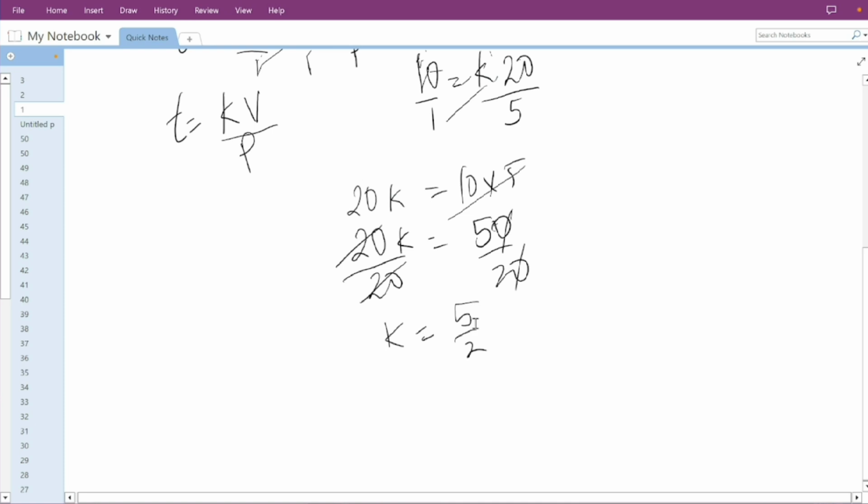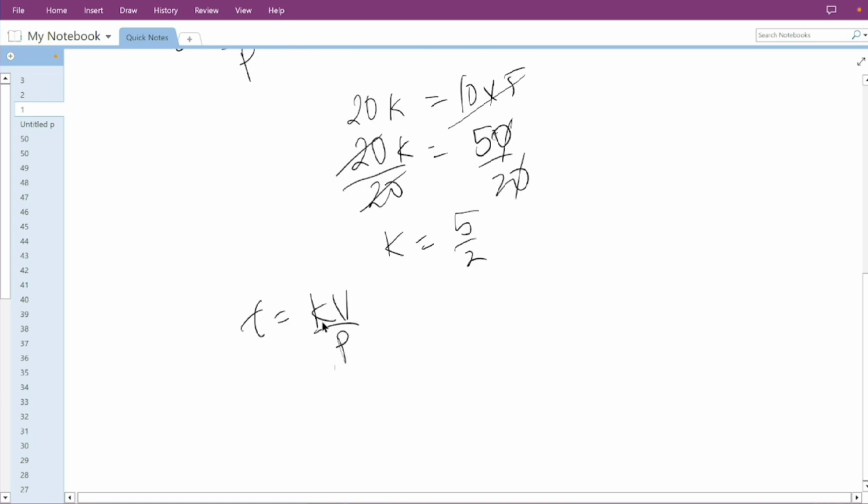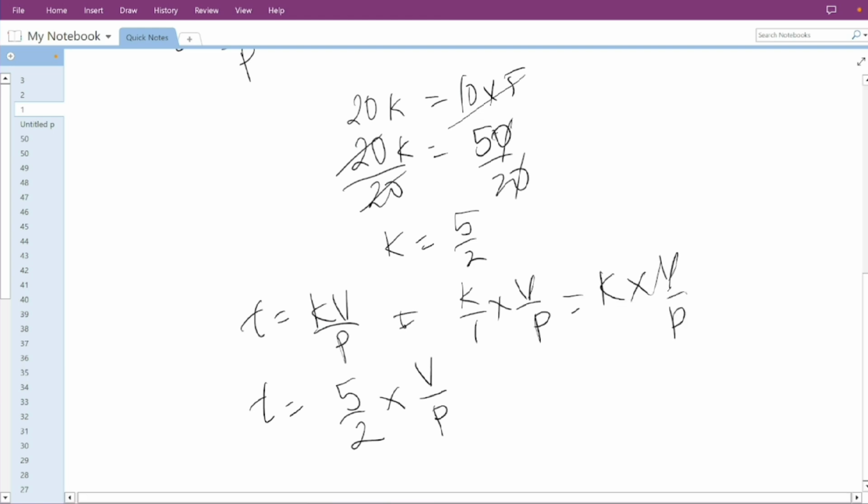Since we know our constant is 5 over 2, we go to the equation we created, T equals KV over P. We found out our K is 5 over 2, so we can write T equals 5 over 2 times V over P. It is allowed because this is also K over 1 times V over P, or K times V over P, still the same thing.